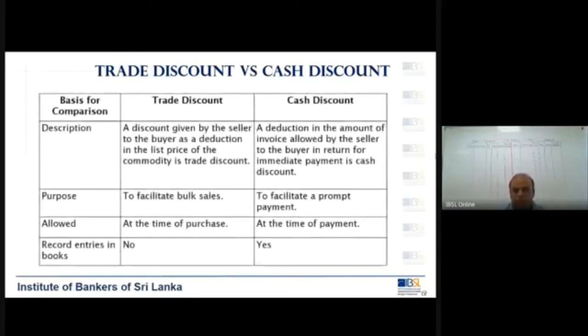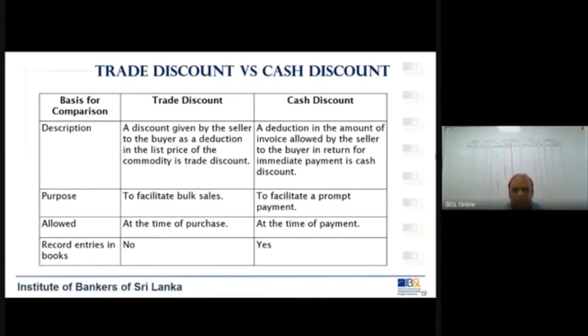Now here is the summary. What do you mean by a trade discount and what do you mean by a cash discount? Trade discount is a discount given by the seller to the buyer as a deduction in the list price of the commodity.